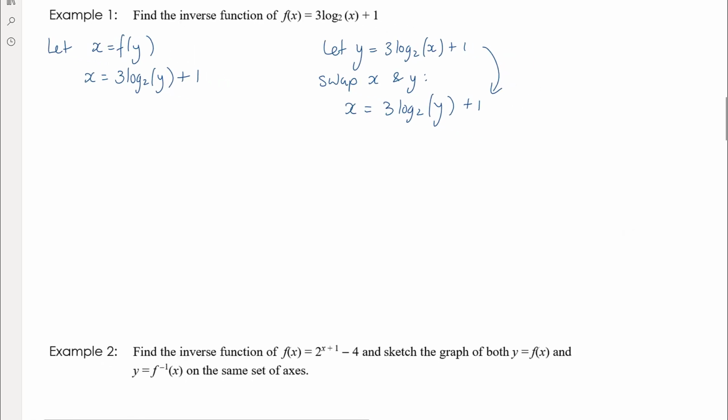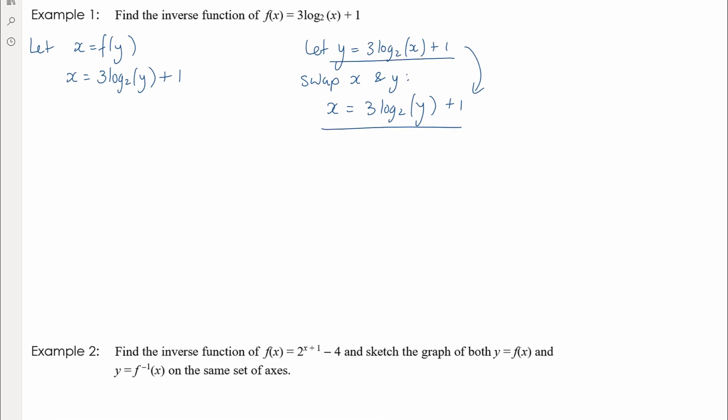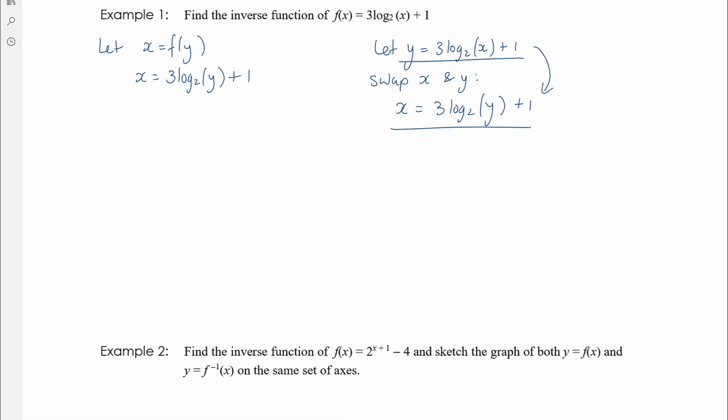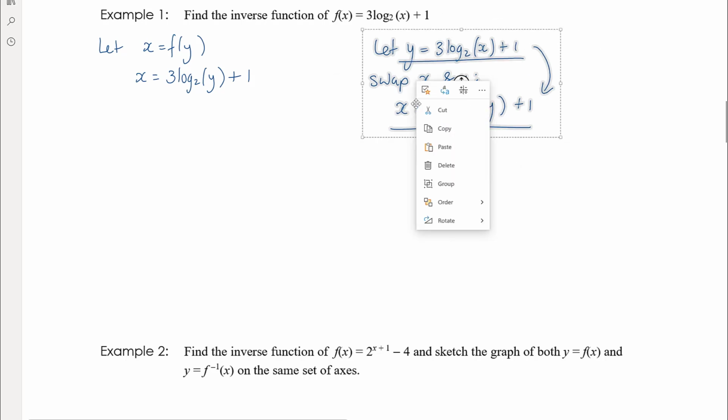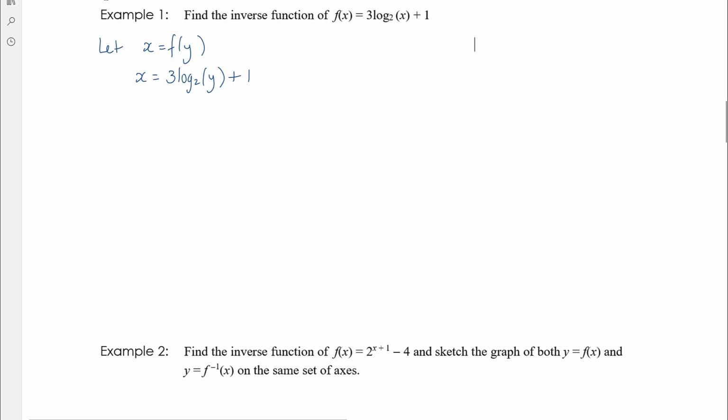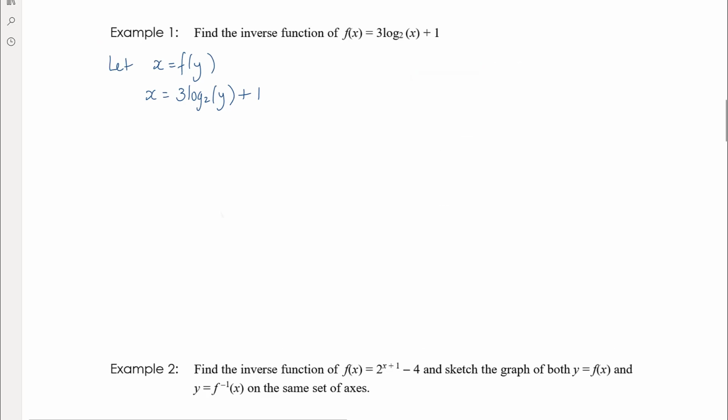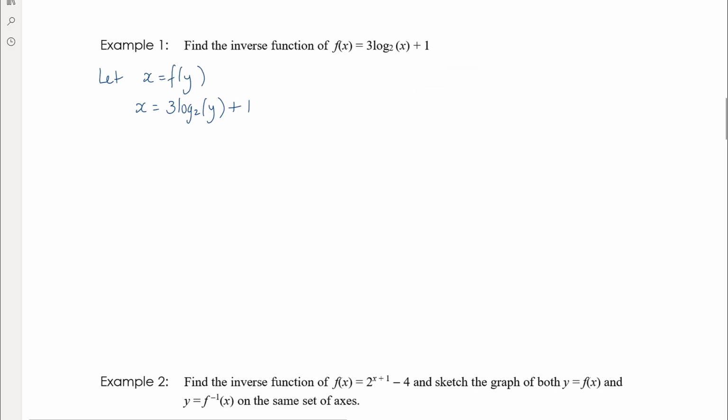So you can't just have this line written immediately below this line with nothing in between, okay? Alright, I'm going to delete that to give me some room. But again, being careful about what you write to make sure that you're not writing mathematically incorrect statements. So now we're going to solve for y. So I'm going to take away 1. I'm going to divide by 3.